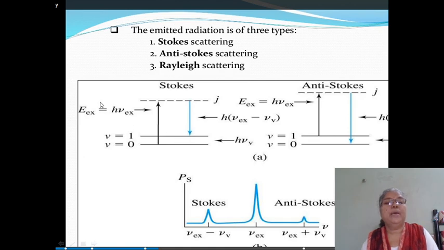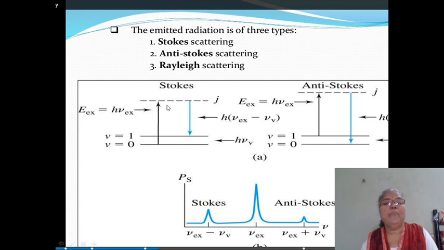Due to the absorption of energy h nu by a molecule, that molecule gets transferred from ground state to excited state, and this is the absorption of light.